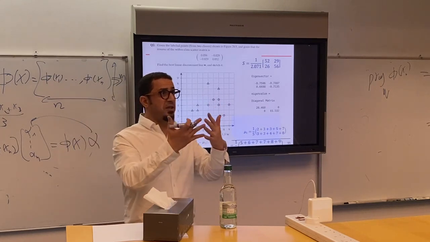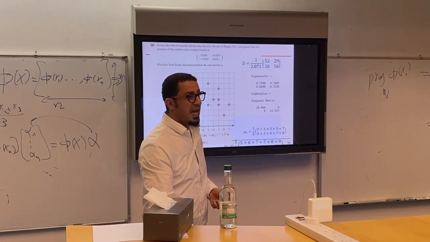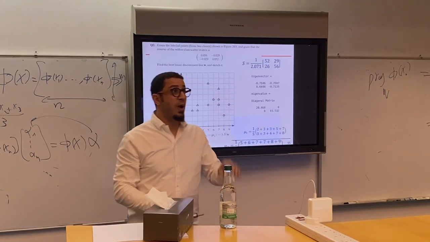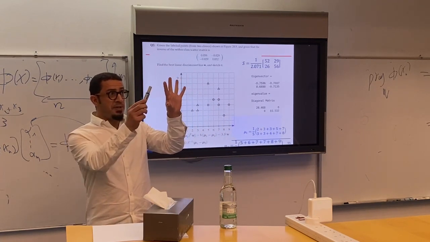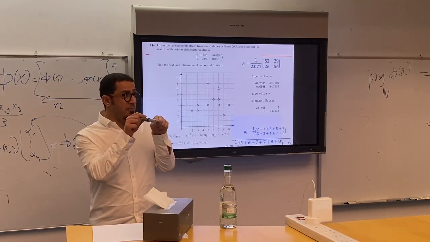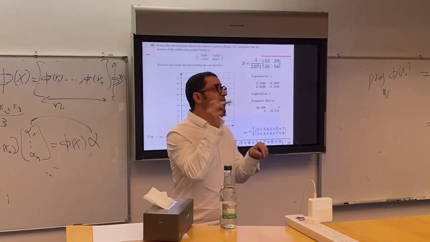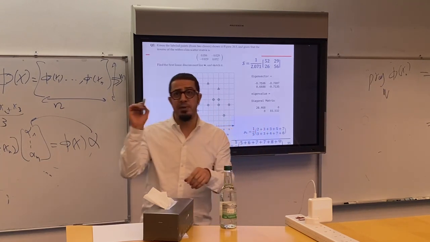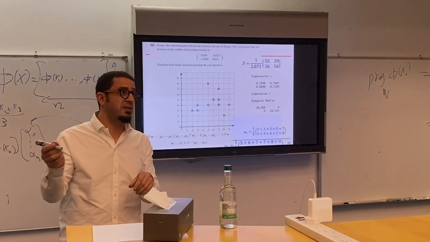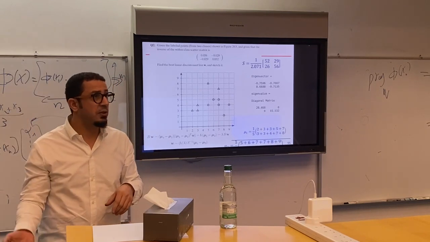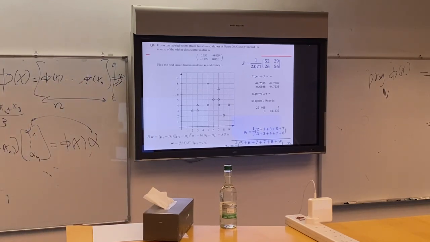And you do the summation, you get your S. So S minus 1 times B is a new matrix. For the new matrix, find the eigenvalues and eigenvectors. The principal eigenvector is your direction. You will find W, you multiply its transpose by your entire data set, and you get the projections.